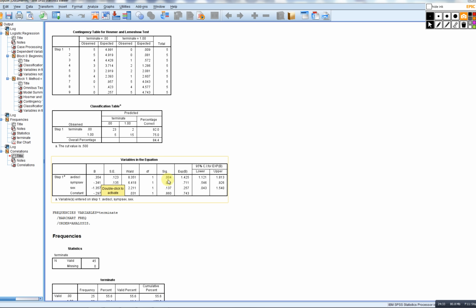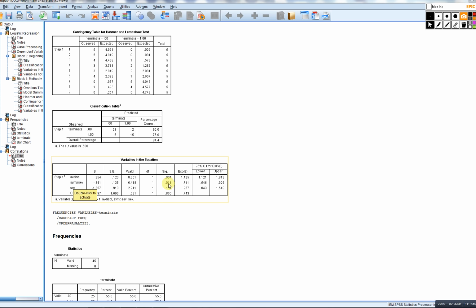For the second predictor, symptom severity, for every 1 unit increase on symptom severity, there's a decrease of 0.34 in the log odds, or logits, of falling into the target group. More generally, as scores increase on symptom severity, the probability of falling into the target group is decreasing. And we find that that predictor is statistically significant.